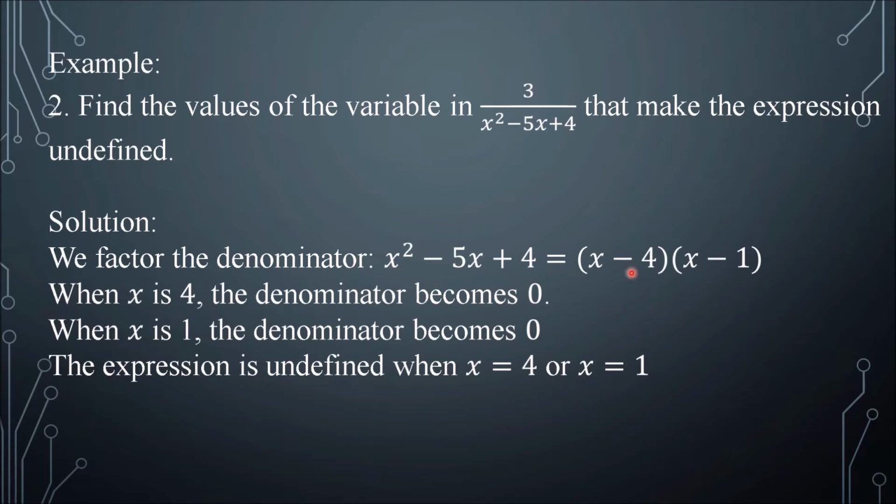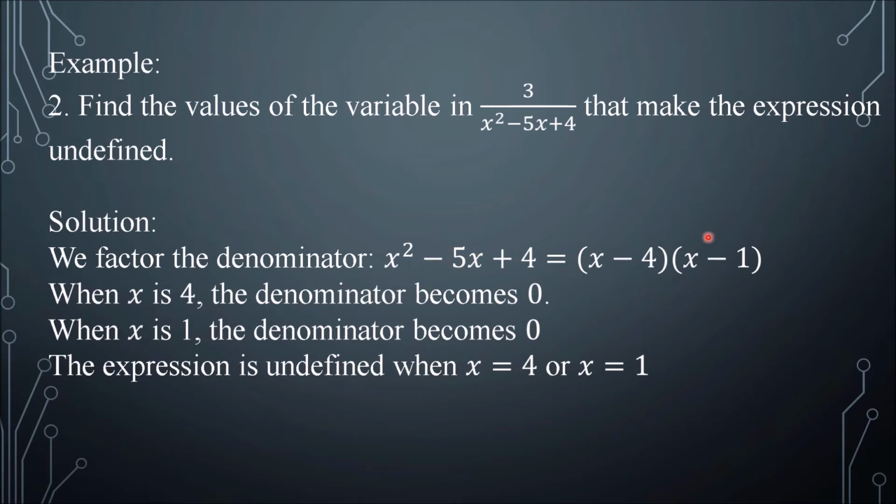Factors of 4, you can have 4 and 1, and then because this is negative, you have negative and negative here. So let's check the middle term. Negative 4 times x is negative 4x. X times negative 1 is negative x. Negative 4x minus x is negative 5x. So this is the factored form.